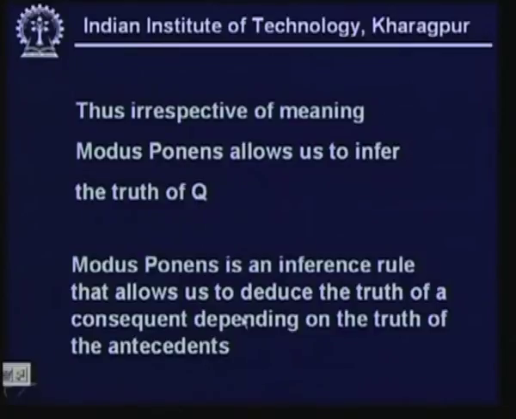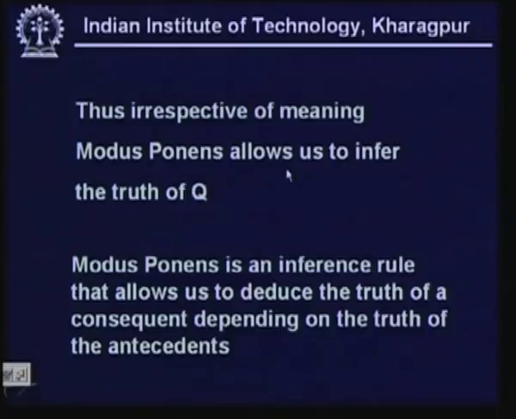We are talking of inference rules which can be mechanically applied, irrespective of the meaning, that is, the interpretation that we give. So modus ponens allows us, irrespective of whatever the interpretation is, to infer the truth of Q. So modus ponens is an inference rule that allows us to deduce the truth of a consequent depending on the truth of the antecedents. It is just a rule. Okay.